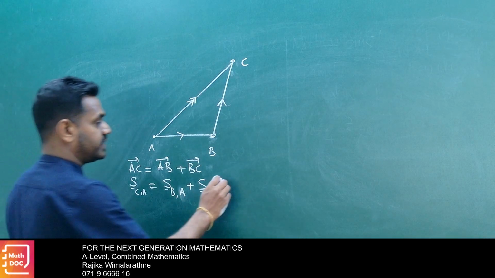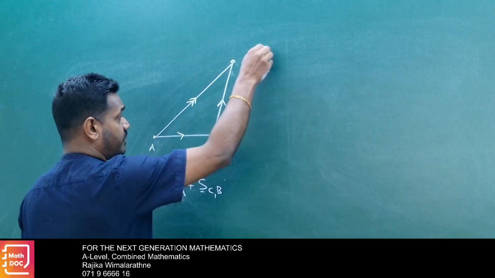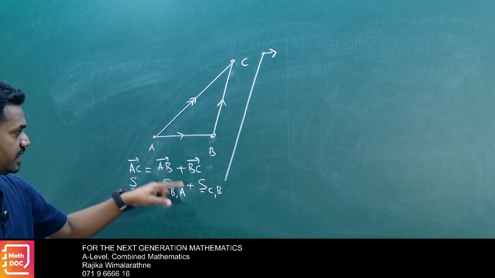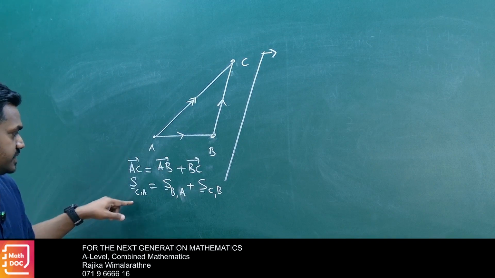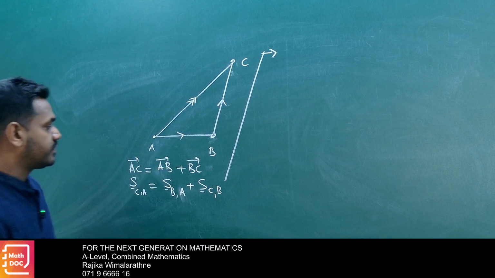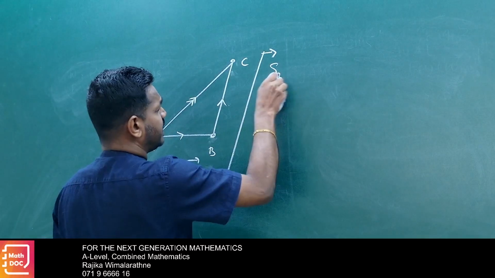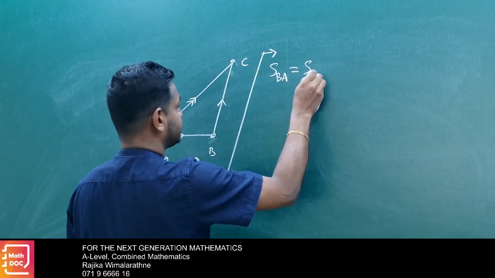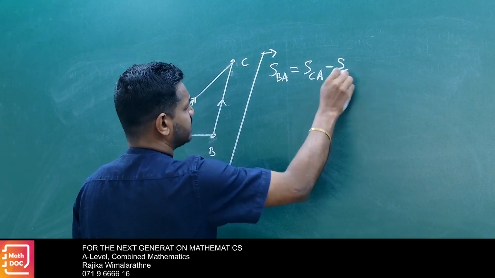Now further, see this one. I'm going to write it by shifting terms: S_BA, putting this on the other side, S_CA minus S_CB.